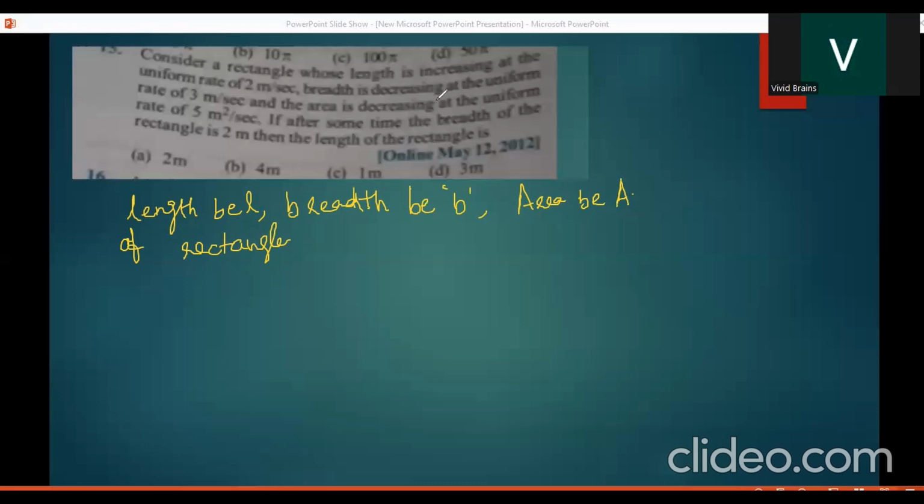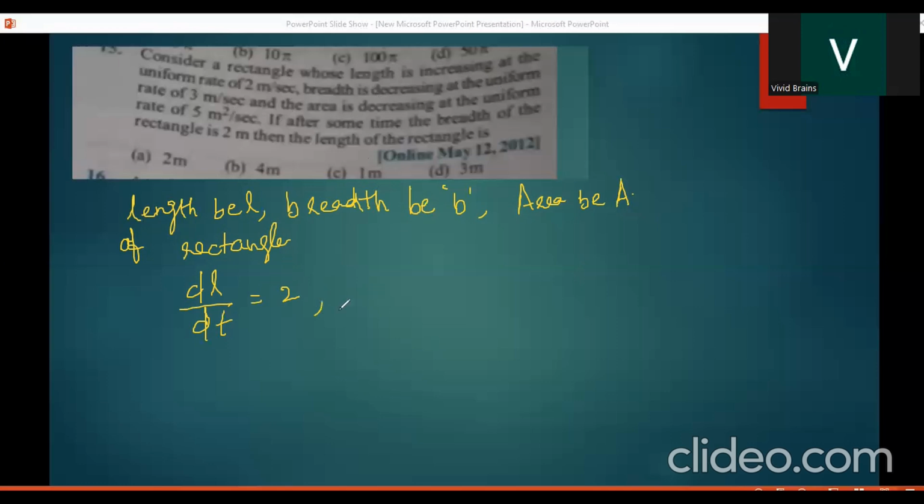Yes, very good. Now you see the length of the rectangle is going to increase, so with respect to time it is changing. So can I go with dl by dt? Very good. So the length is increasing uniformly at the rate of 2 meter per second, it is going to be 2. And what about the decrease at the uniform rate? Breadth is decreasing at the uniform rate of 3 meter per second.